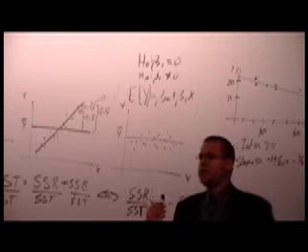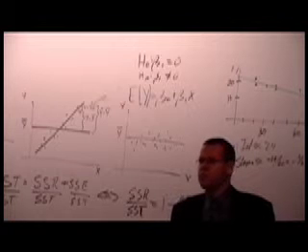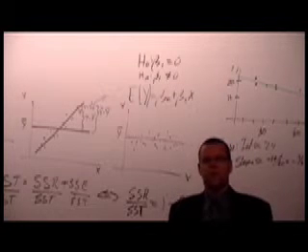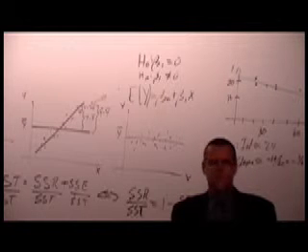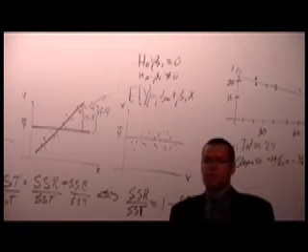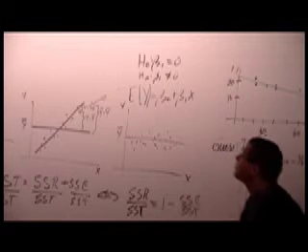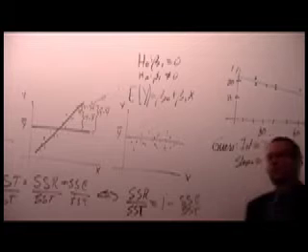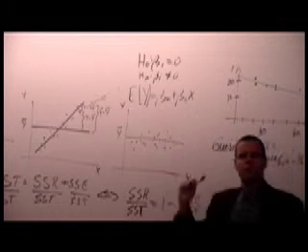It uses a t-distribution, but with n minus 2 degrees of freedom. Any intuition as to why we lose 2 degrees of freedom? Exactly. There are 2 parameters that we've estimated, so we've lost 2 degrees of freedom. So that's really all there is to it. Questions before we actually execute this plan?